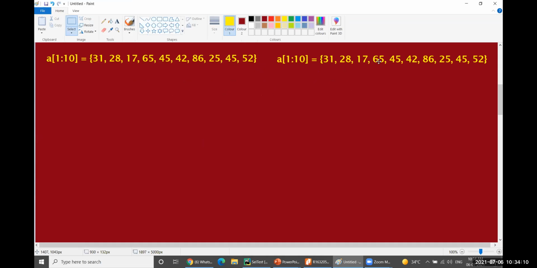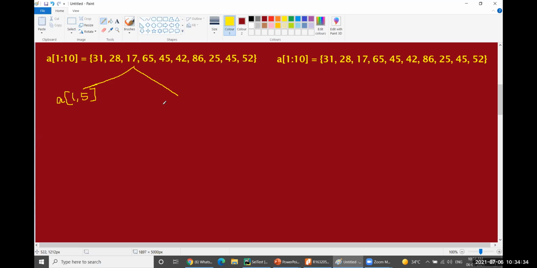You must accommodate the page in such a way, something like this. Here, one thing is mentioned with the array value, that is A of 1 comma 5 will be the first sublist.